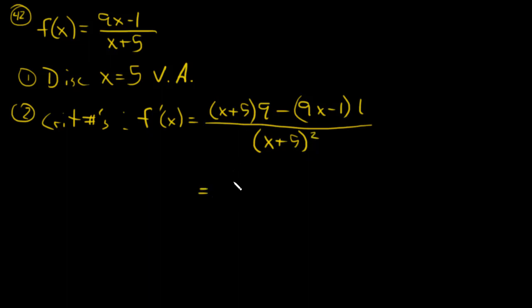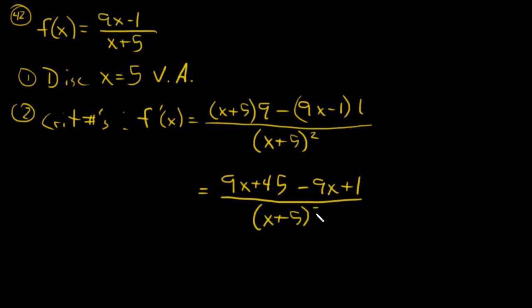So we're going to wind up with 9x plus 45 minus 9x plus 1 over x plus 5 squared. That's going to give me 46 over x plus 5 quantity squared.